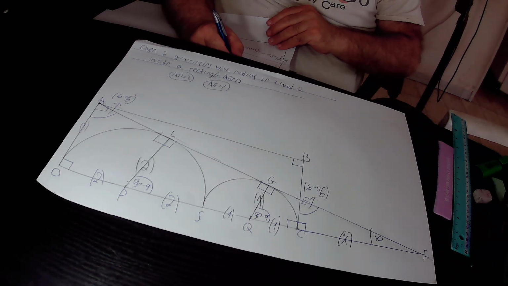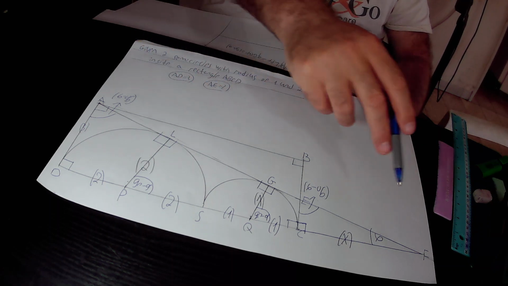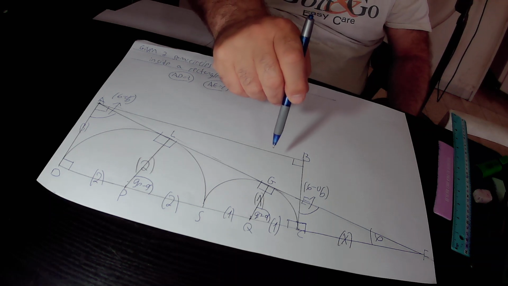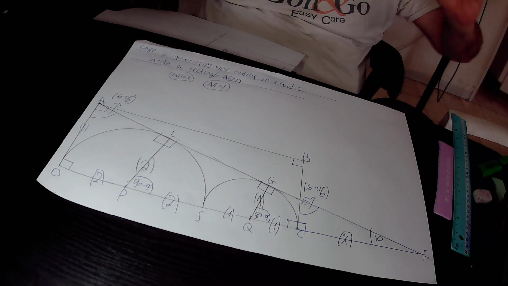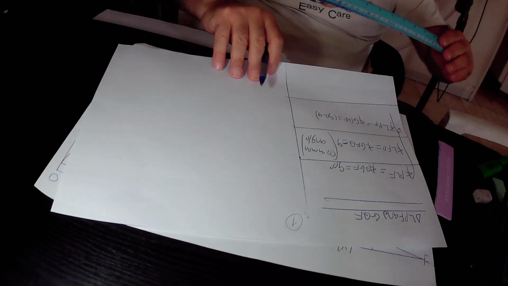So we found out that all the angles in this big right triangle LPF are correspondingly equal to all the angles in this small right triangle GQF, and therefore those two right triangles are similar to each other according to the angle similarity rule. So write it down.